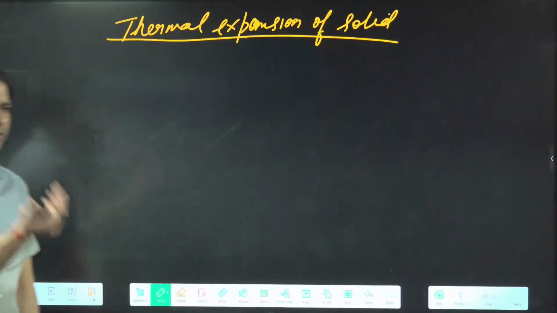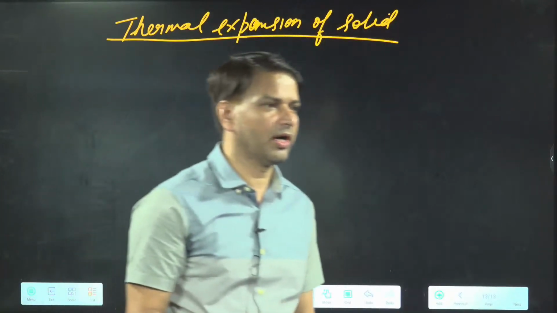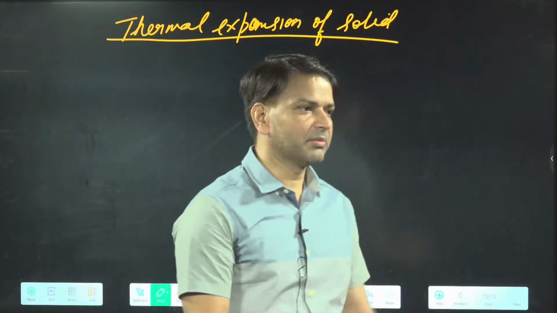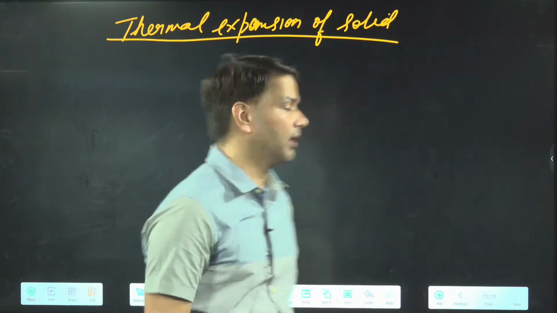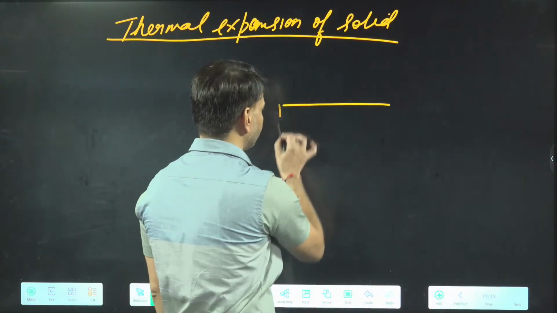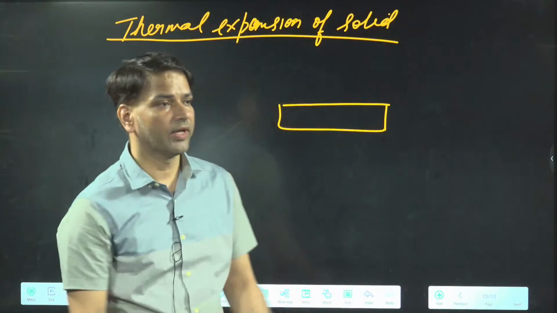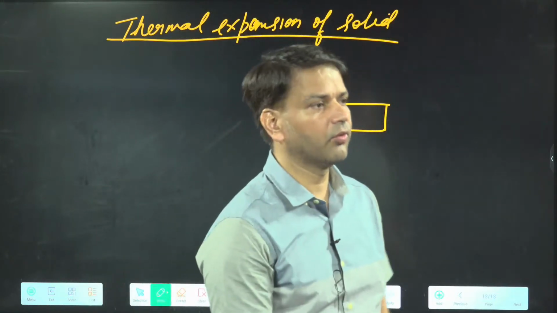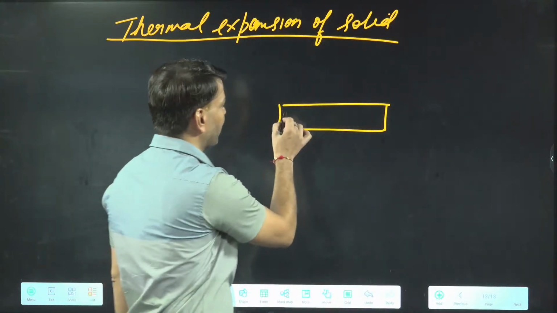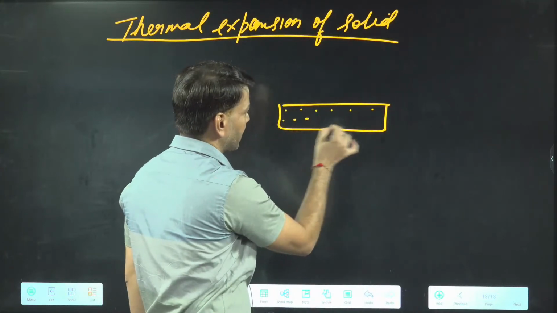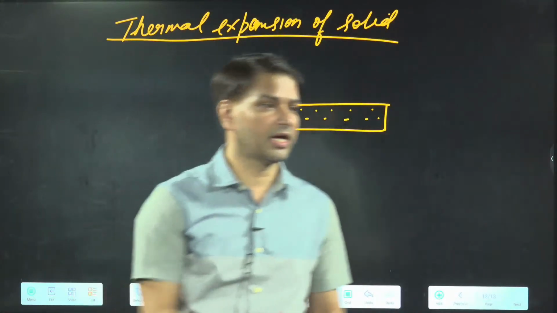So expansion of solids, you may have some basic idea. Expansion means what? When we increase the temperature, suppose I have a solid rod. When I increase the temperature of the rod, what will happen? The rod has atoms or molecules arranged in it.